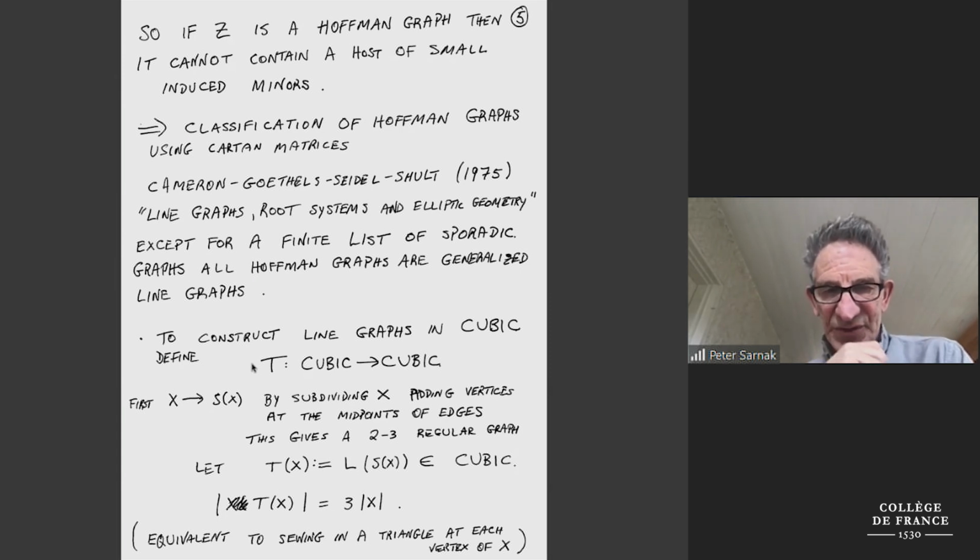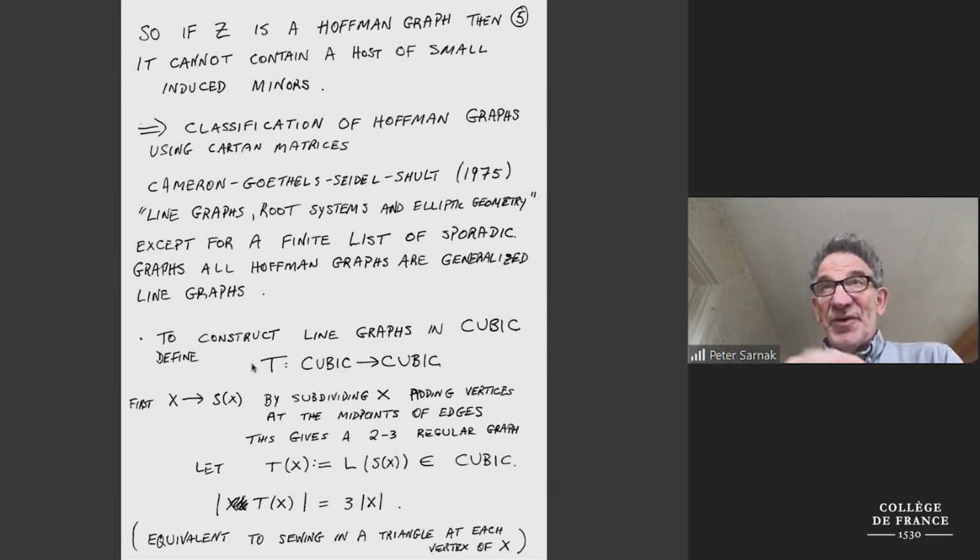I start with any finite cubic graph. I take the subdivisions: I take the midpoints of the edges and put new vertices there. Now I get a graph with vertices of degree 2 and 3. And then I take the line graph of that. And that will, you can check, give me a 3-regular cubic graph again.